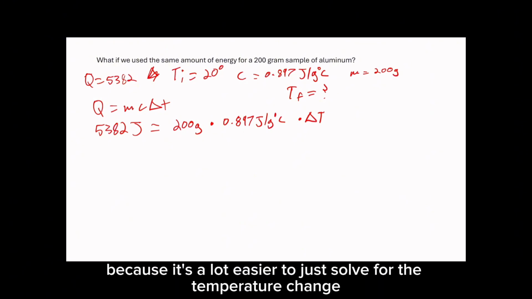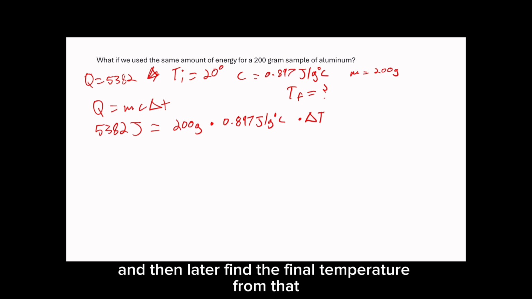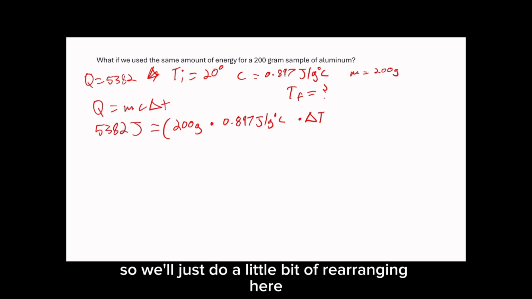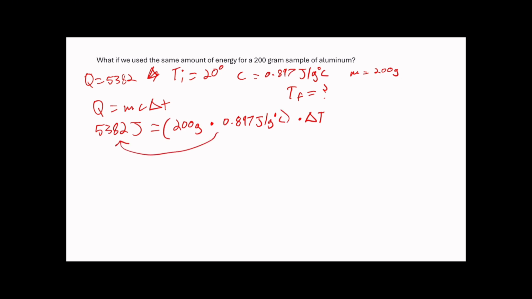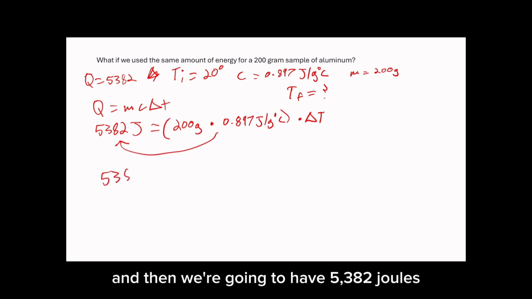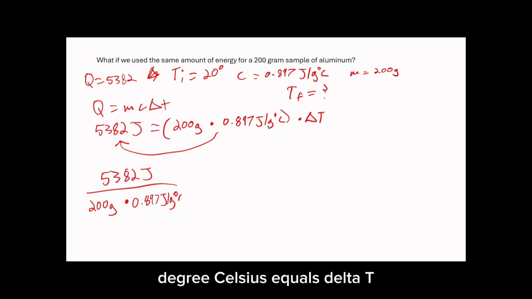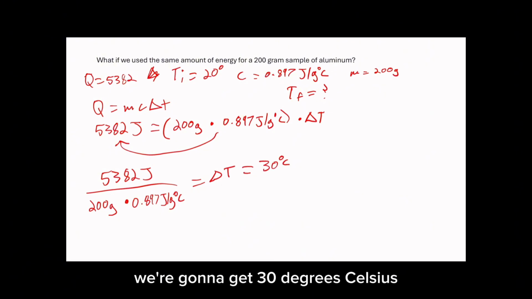It's because it's a lot easier to just solve for the temperature change and then later find the final temperature from that than to try and insert it all in. So we'll just do a little bit of rearranging here. We'll bring these over to the bottom. And then we're going to have 5,382 joules divided by 200 grams times 0.897 joule per gram degree Celsius equals delta T. So if we calculate that out, we're going to get 30 degrees Celsius.